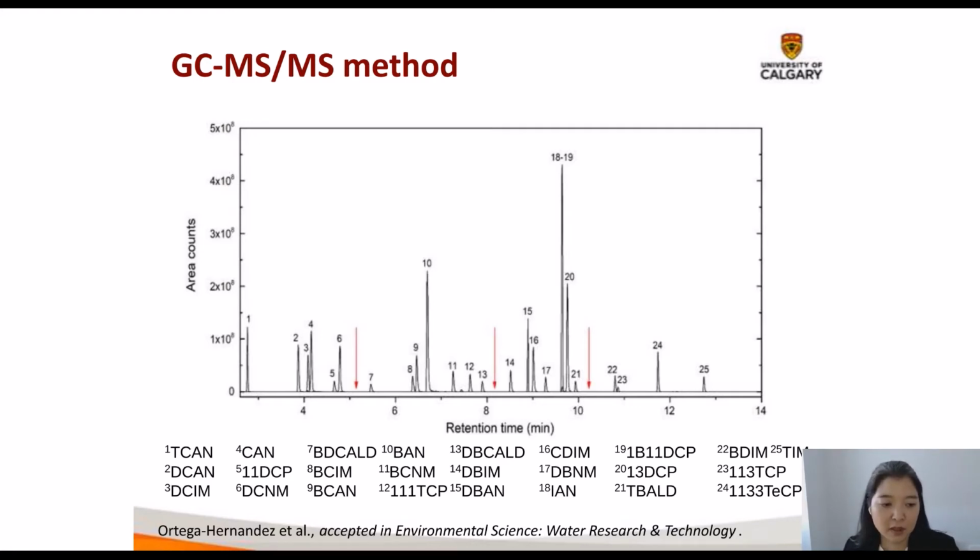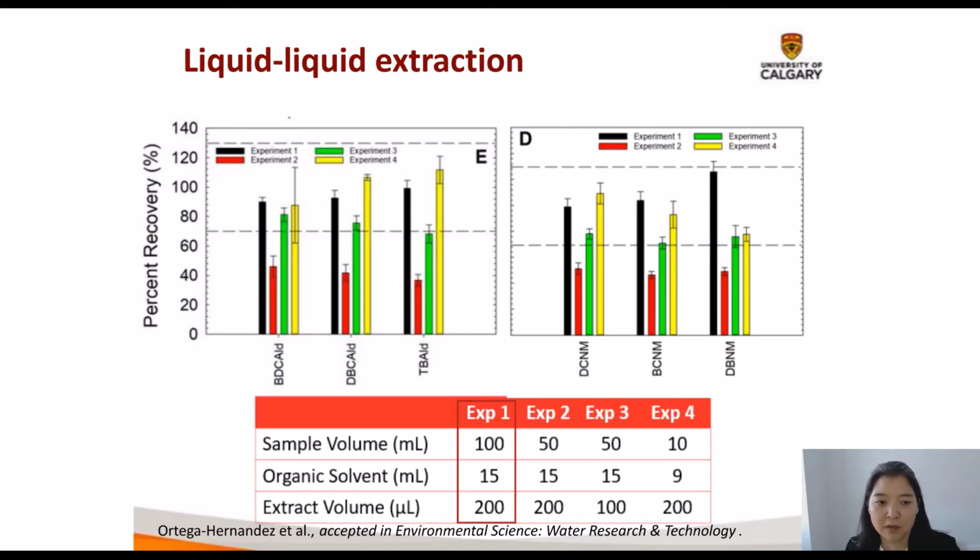After determining the mass spec parameters, we went ahead and improved the liquid-liquid extraction method. We started with an existing method that uses 100 milliliters of sample with three extractions of 5 mL, for a total of 15 milliliters of organic solvent, and then it's blown down to about 200 microliters.